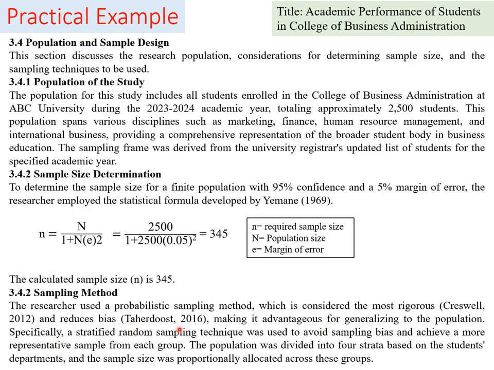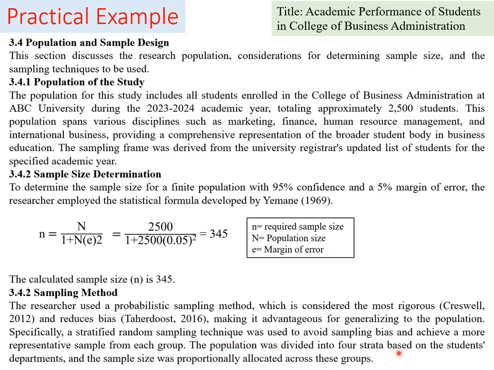Specifically, a stratified random sampling technique was used because the students are grouped according to their departments: marketing, finance, human resource management, and international business. It was used to avoid sampling bias and achieve a more representative sample from each department.